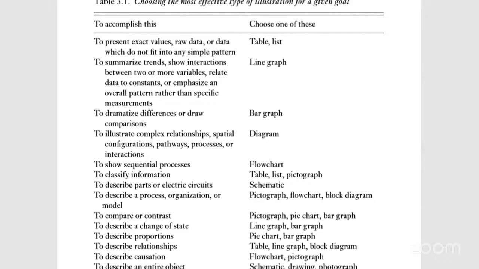Then bar graphs or bar charts, they are used to dramatize differences or draw comparisons. This is used for qualitative data or what we can also call categorical data. So when you want to show, for example, the different continents in the world.